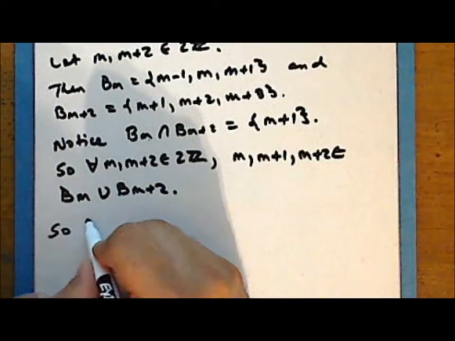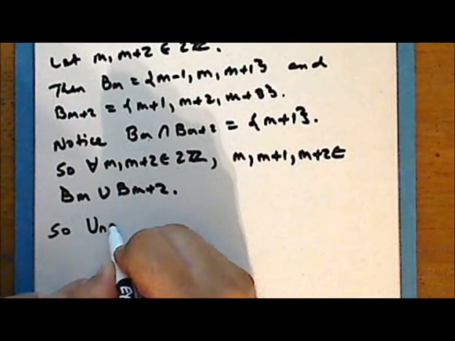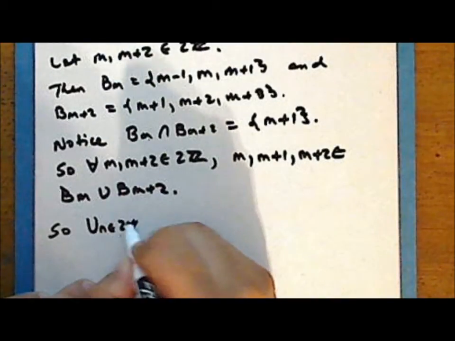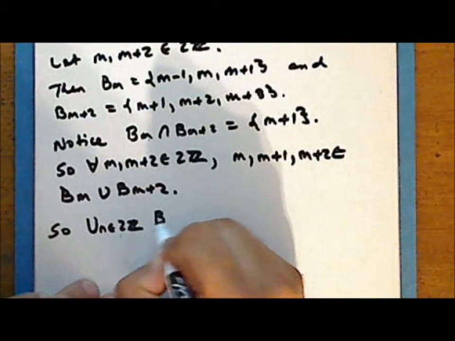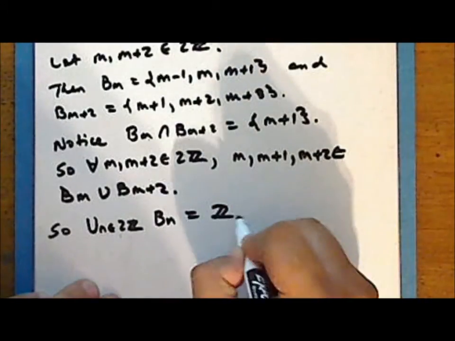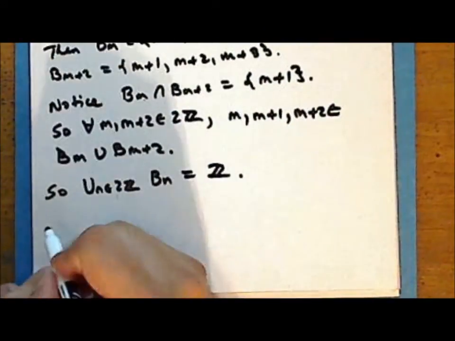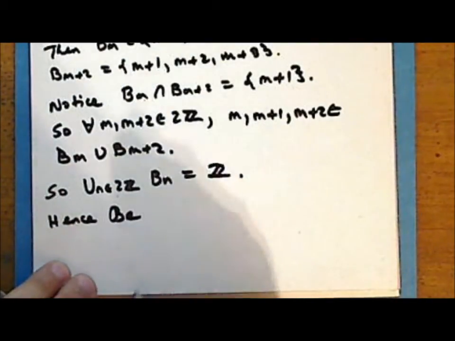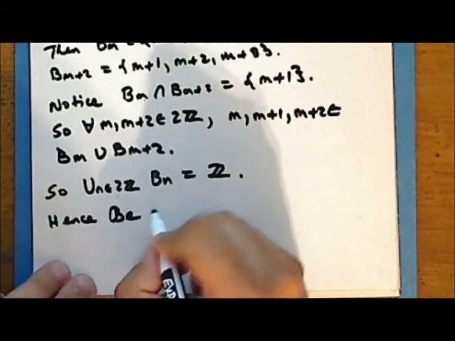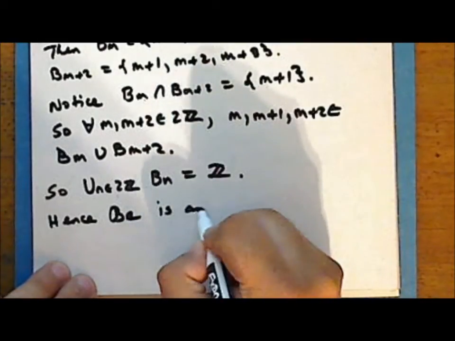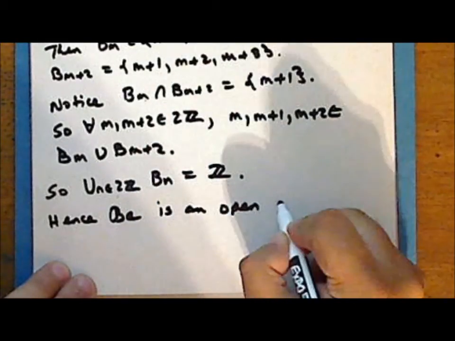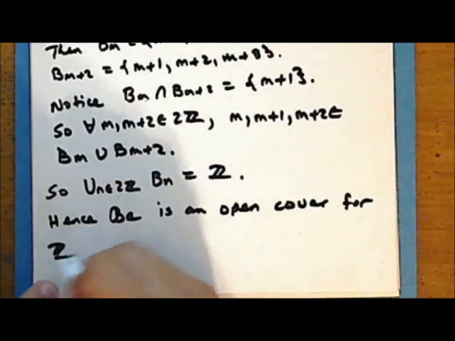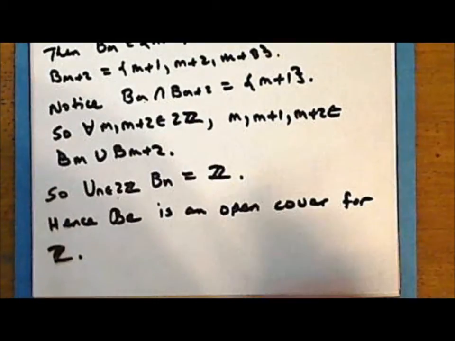And so the union of all such basis elements, that is the basis elements for the even integers, is the entire set of integers. And hence the collection script B sub E, which contains precisely these elements, is an open cover for the set of integers, or for the digital line.